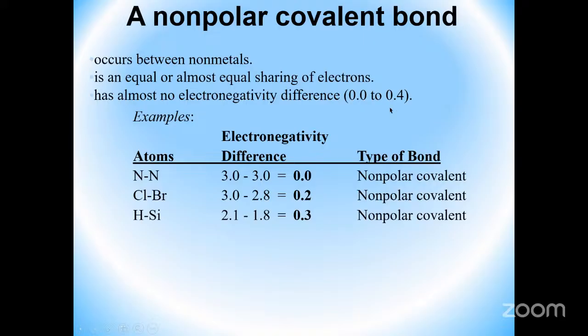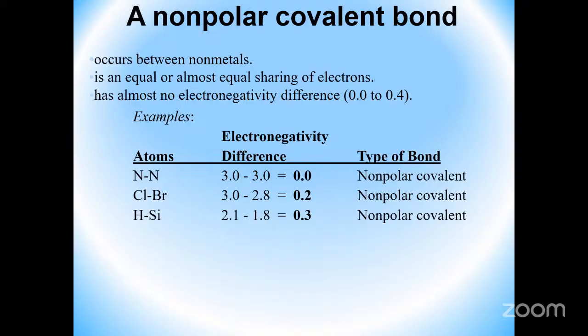So for most intents and purposes, we can consider that bond to be non-polar covalent. The same is true in the next example, hydrogen bonded to silicon. In this case, the difference is 0.3. Again, that bond is considered to be non-polar covalent. So for most intents and purposes, if the difference in electronegativities is from 0.0 to 0.4, then we consider those bonds to be non-polar covalent.